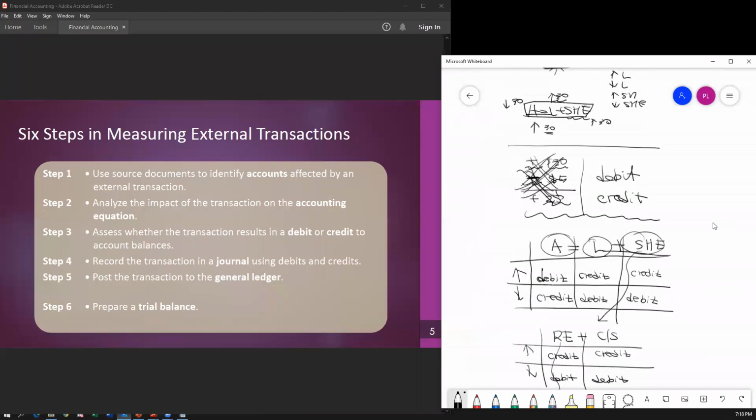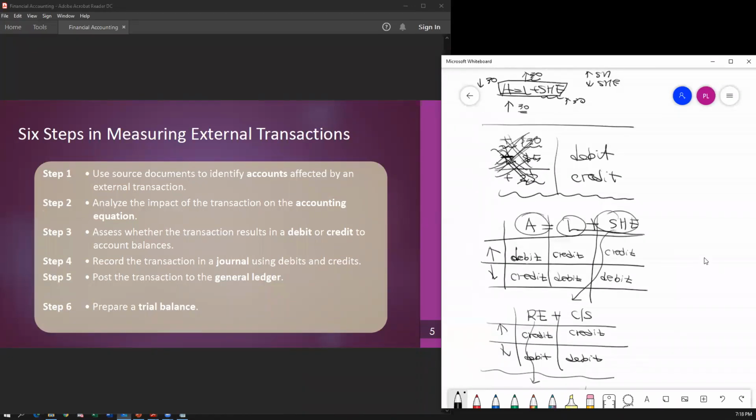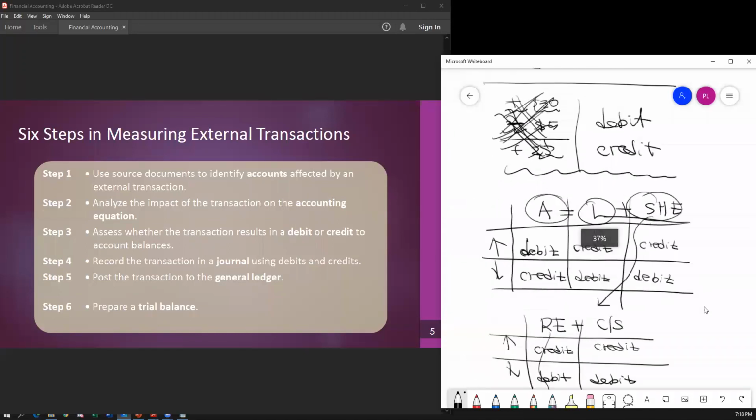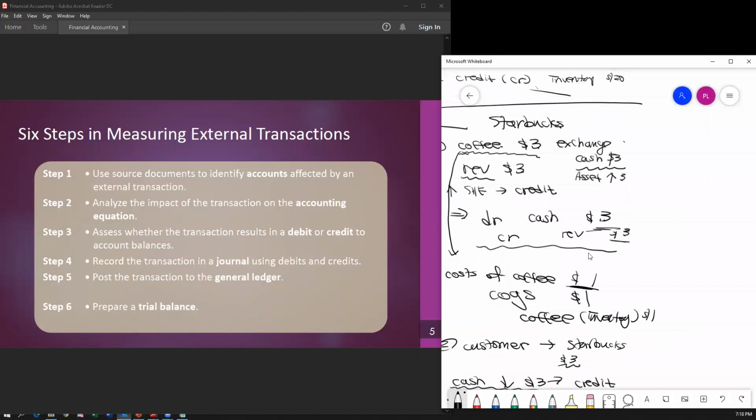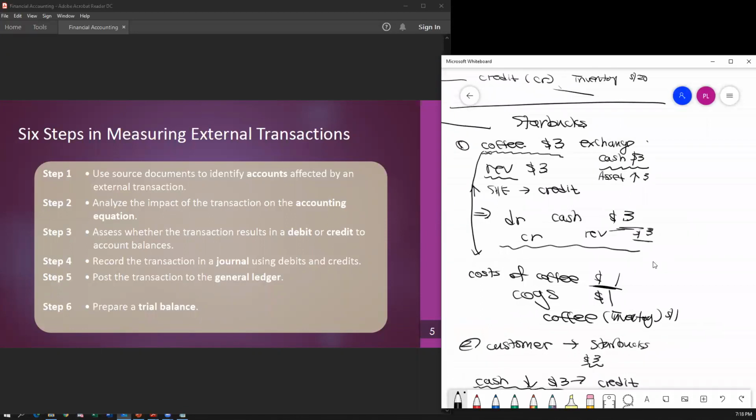I forgot the table. There you go. So when we increase assets, we debit assets. When we decrease assets, we credit assets. So again, you have to memorize this table in order to move forward. And we talked about journal entries and how to prepare or record journal entries for each particular business transaction. That's the whole goal of chapter 2, and for the rest of chapter 2, chapter 3, and going forward. Any questions?